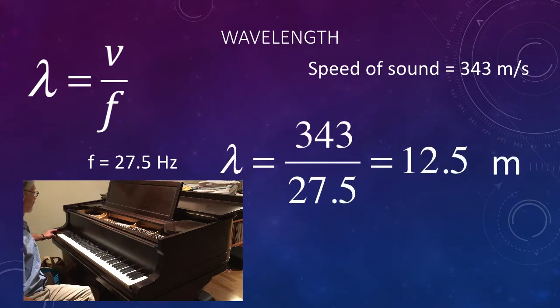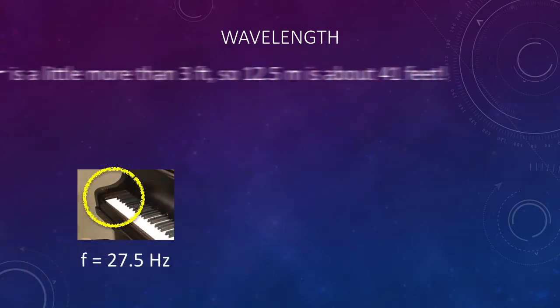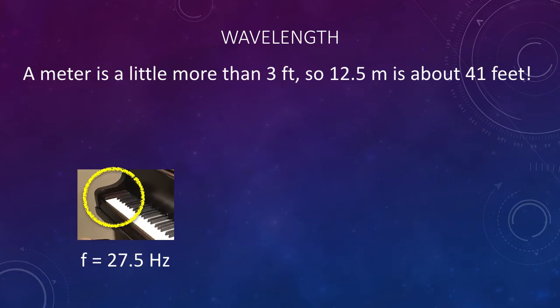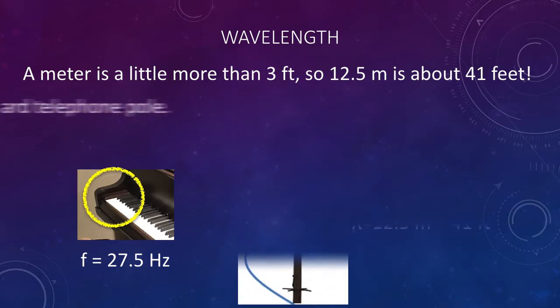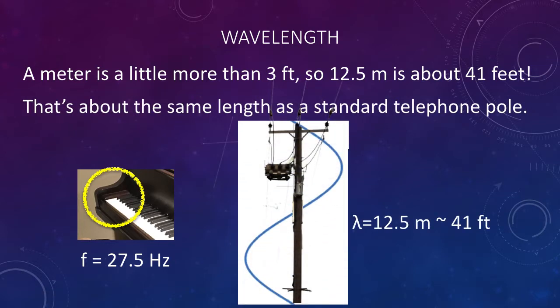So the wavelength would be 343 meters per second divided by 27.5 hertz, which equals 12.5 meters. So what does that mean? A meter is a little more than 3 feet, so 12.5 meters is about 41 feet. That's about the same length as a standard telephone pole.